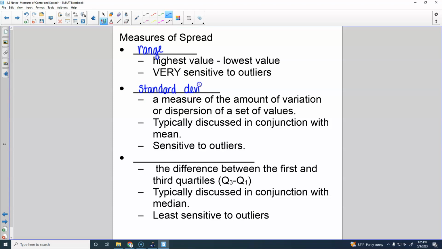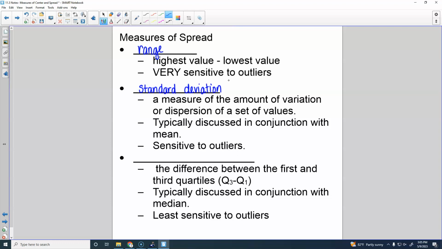The next one is called, probably one you haven't seen before, standard deviation. The way that it is figured is kind of complicated. I did used to have students actually figure up a standard deviation by hand, but we do not do that anymore. It just takes a little too much time. It is a measure that tells about the dispersion of values.